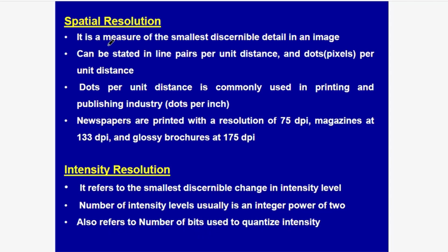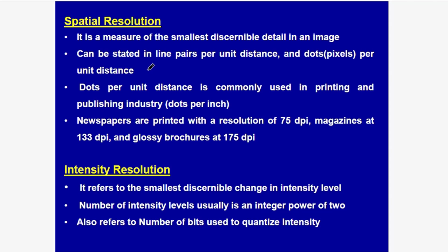What is the spatial resolution? It is a measure of the smallest discernible detail in an image. It can be stated in line pairs per unit distance and dots or pixels per unit distance. So spatial resolution means how many samples you have to consider for the coordinates.